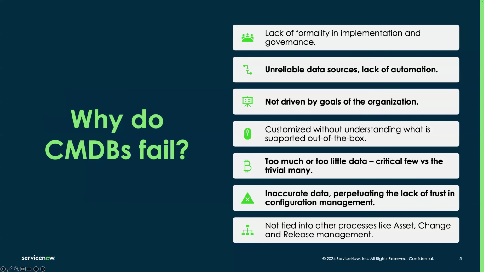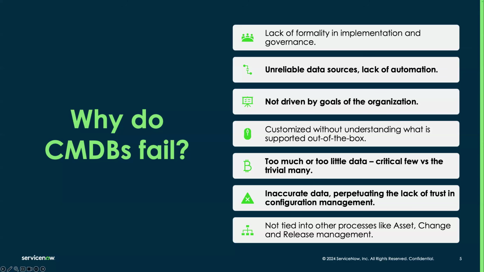Oftentimes we hear that there could be issues with the CMDB implementations, and sometimes they can even fail. And why do these implementations fail? There are many reasons for it, and we tried to synthesize them into this slide, but there are, of course, way more. Most of the times we see that there's not enough automation, and the data sources that are selected are not reliable.